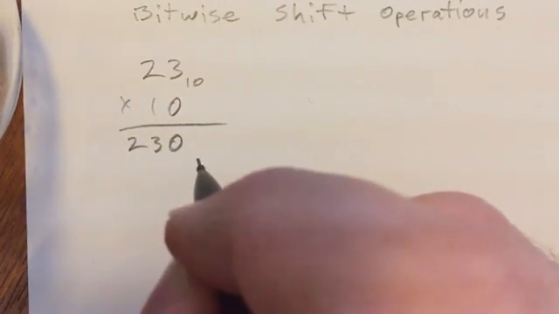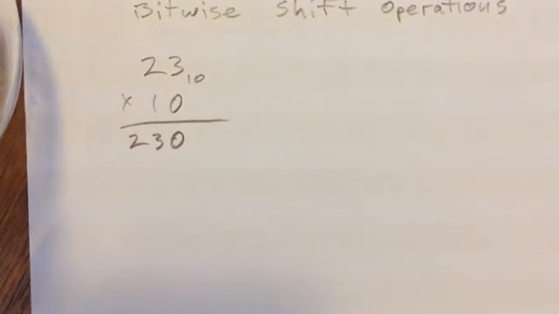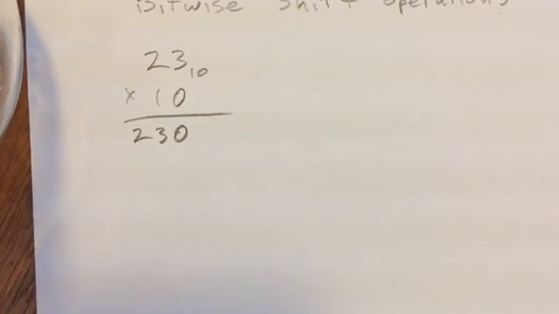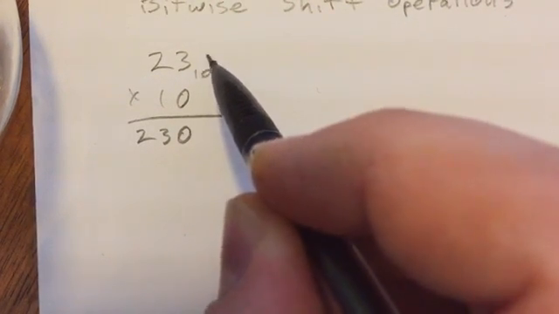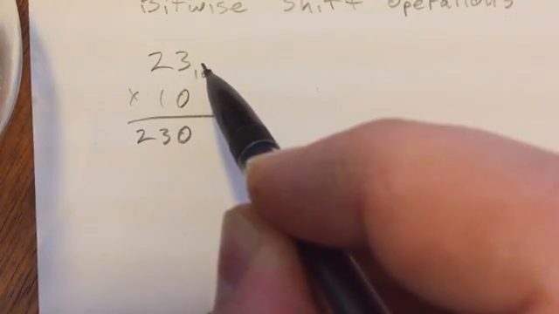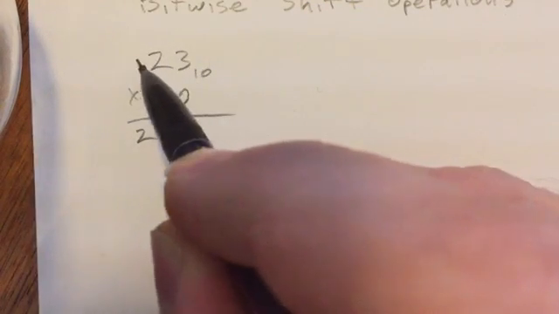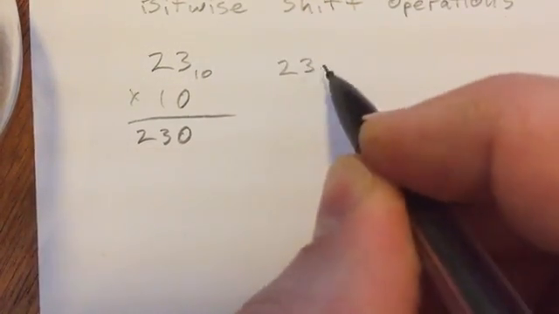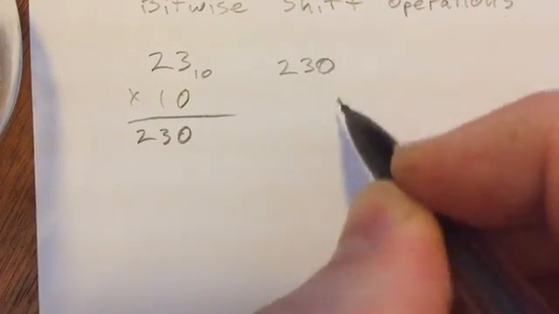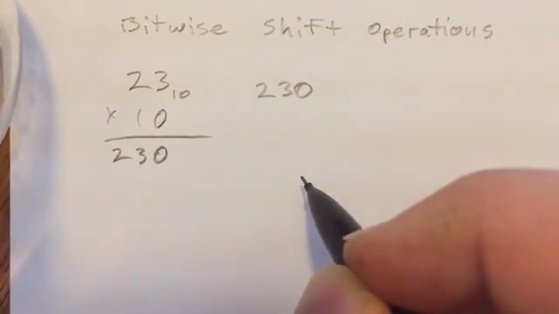Why do we know that? Because we all learned, at least before Common Core came along, that any number multiplied by 10, you can just add a 0 in the lowest number space and move every other number up one space. So 23 becomes 230. Easy peasy.